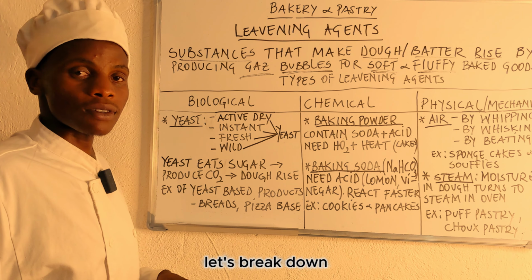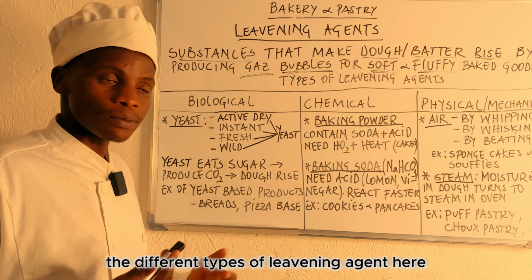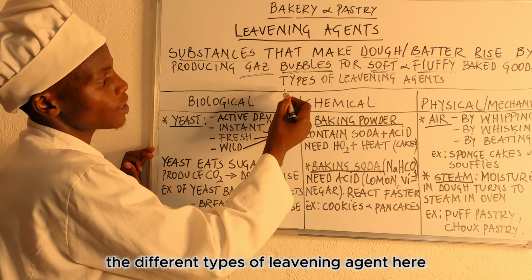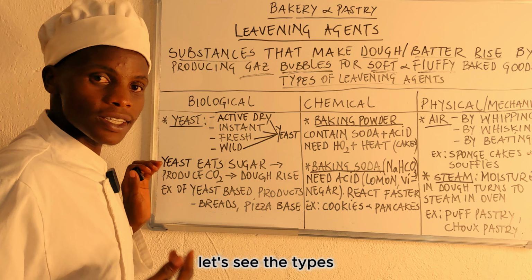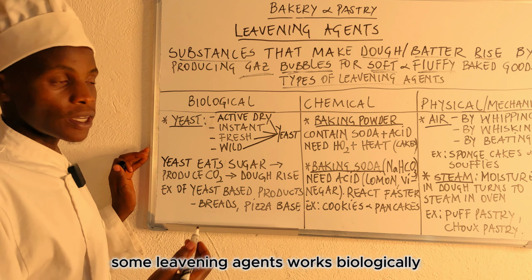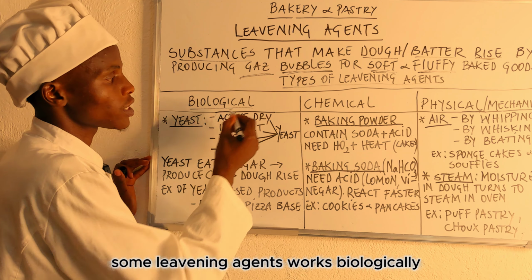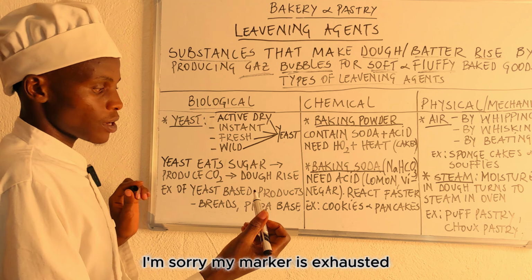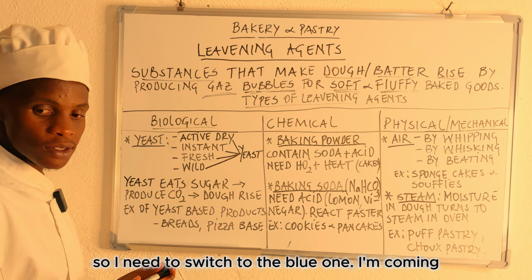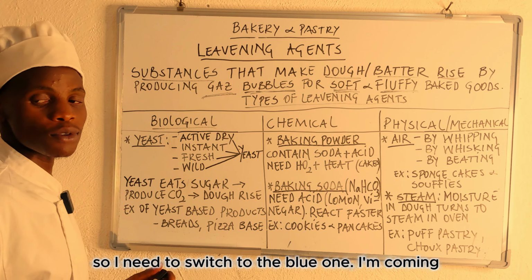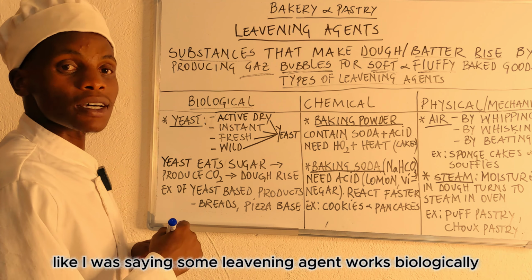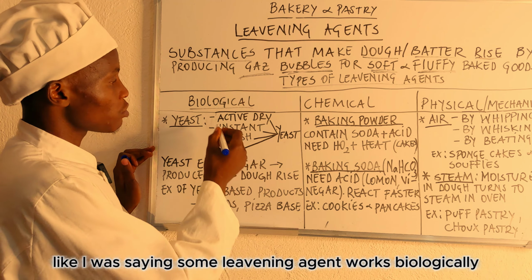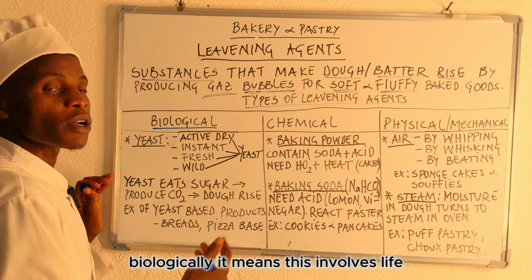Let's break down the different types of leavening agents. Here they say types of leavening agents. Let's see the types. Some leavening agents work biologically. I'm sorry, my marker is exhausted, so I need to switch to the blue one. I'm coming. Like I was saying, some leavening agents work biologically.